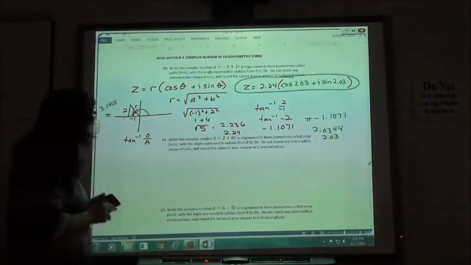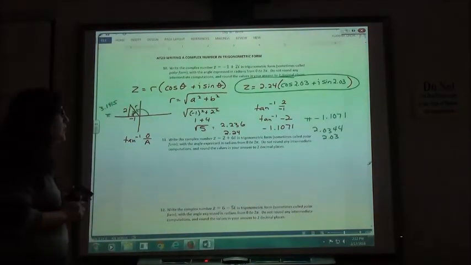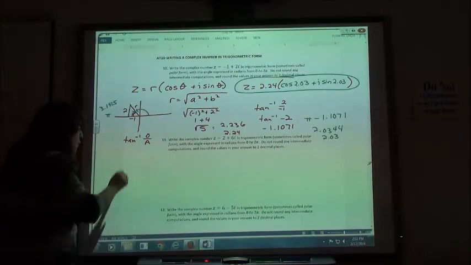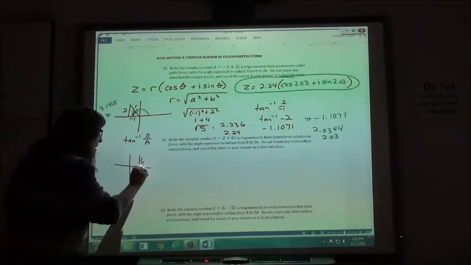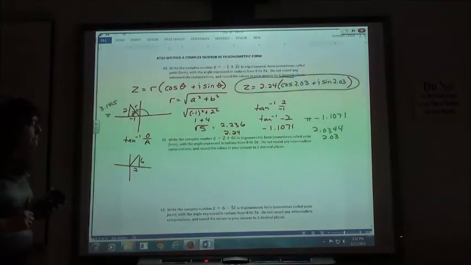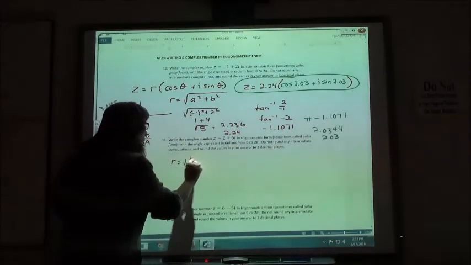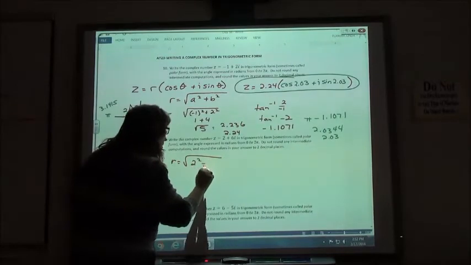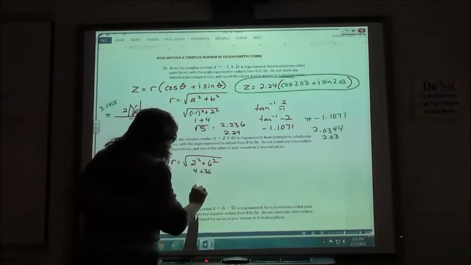So number 11, we want to write the complex number z equals 2 plus 6i in trigonometric form. Thinking of that, this being 2 here, this being the 6 here, and my angle is going to be there in quadrant 1. So first of all, calculating r, square root of 2 squared plus 6 squared would give me 4 plus 36, so square root of 40.